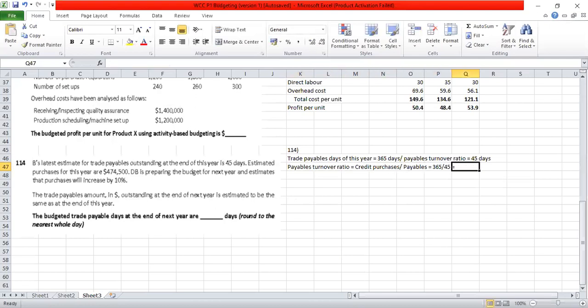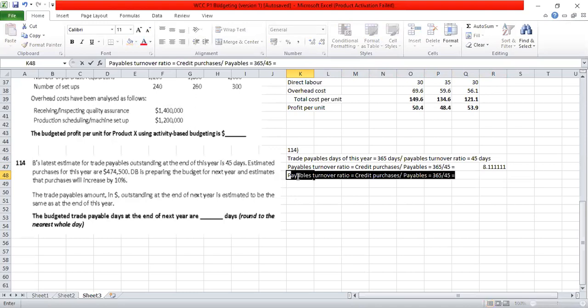It is 8.11 times. If it is 8.11 times, and we already know the credit purchases, we can find the payables for the current period. Payables for the current period is equal to credit purchases of 474,500 divided by 8.11.